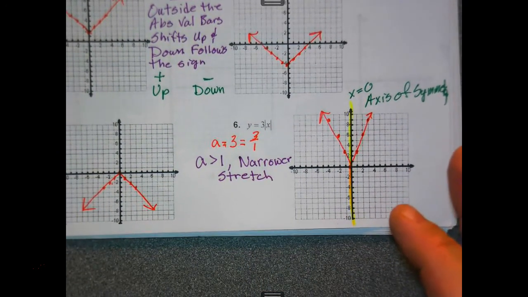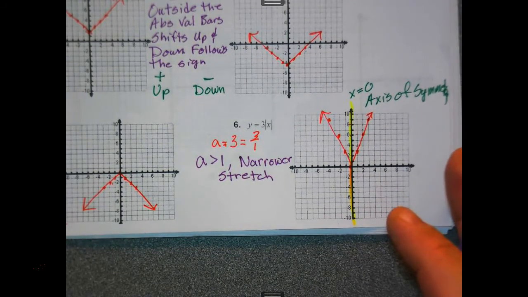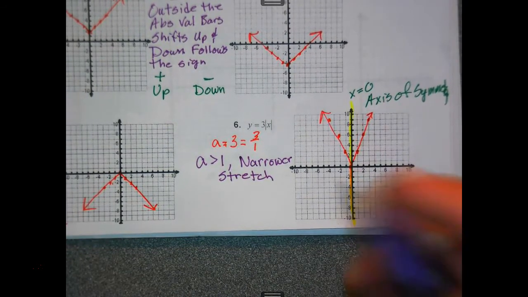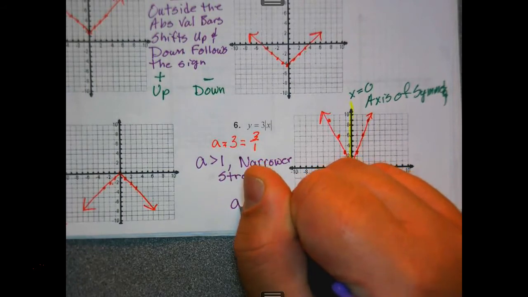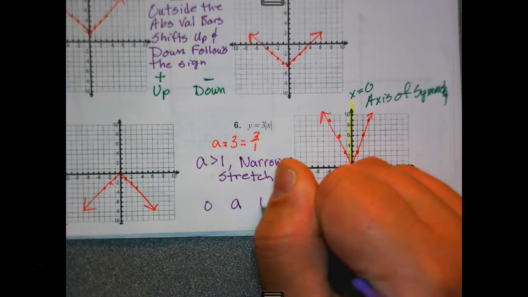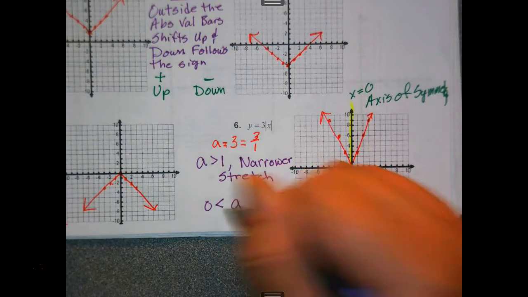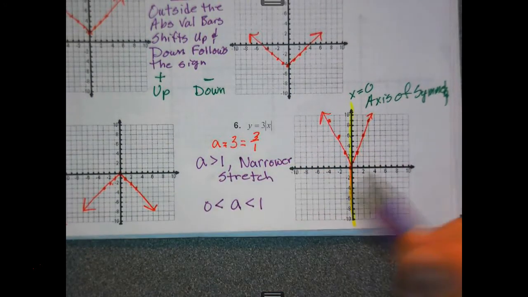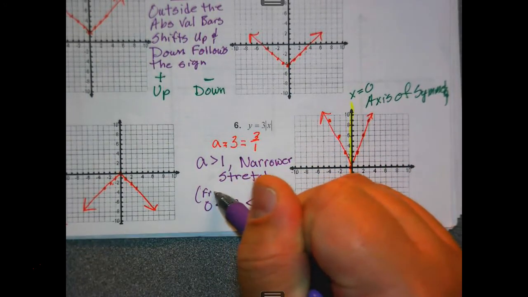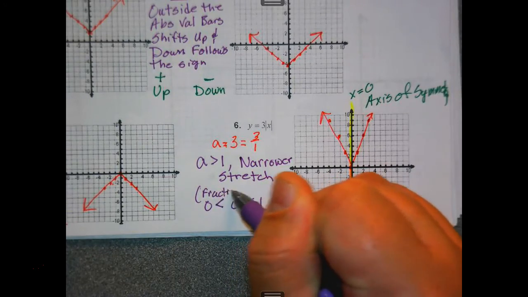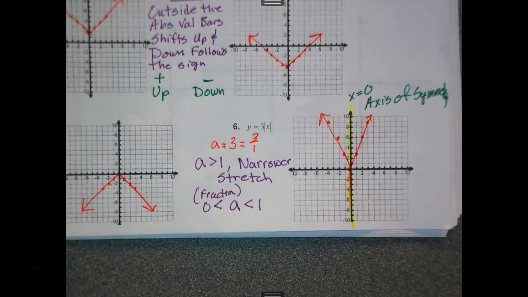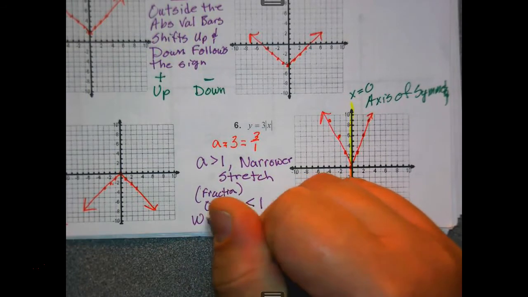Now, there's another situation we have to worry about. What if A was a fraction between 0 and 1? A was greater than 0 but less than 1. That means it was a fraction between 0 and 1. It would be wider. And guess what?